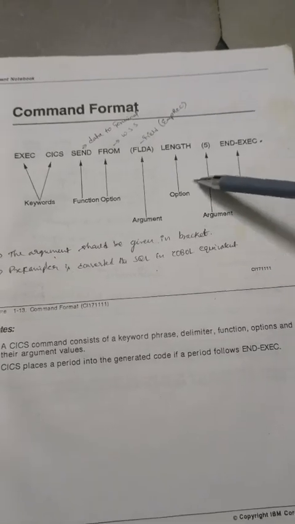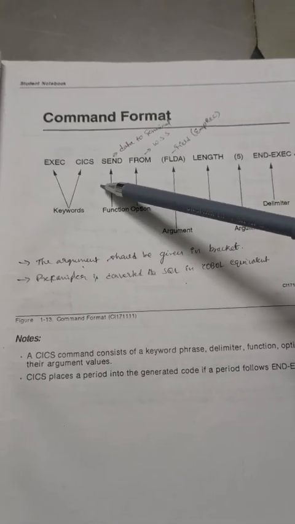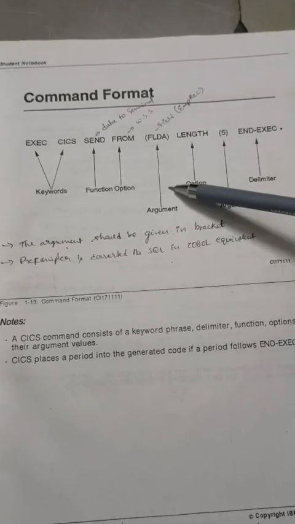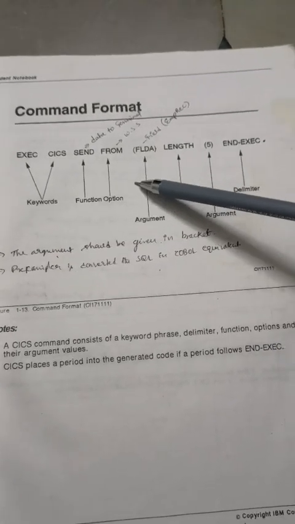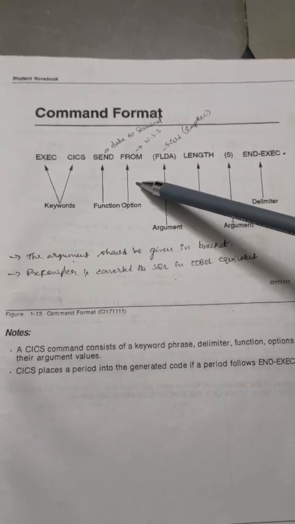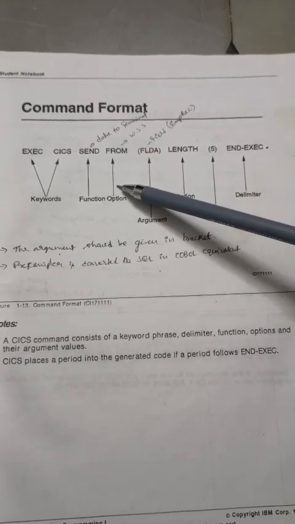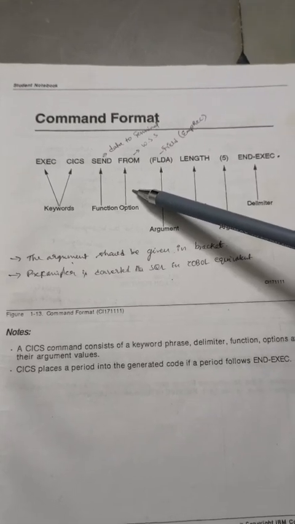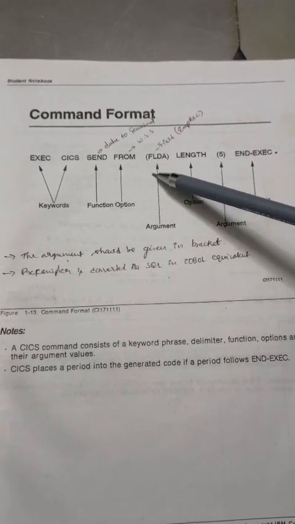You can type EXEC CICS in the find command to see whether any CICS commands are there, and you can also search using DFHCOMMAREA, which indicates it is a CICS program.